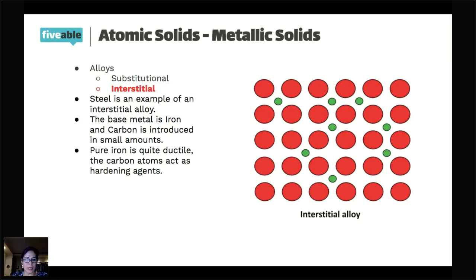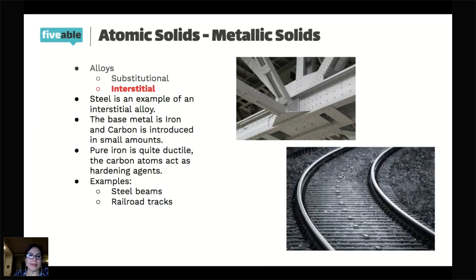But by introducing carbon into this iron, it increases its hardness. It's not as malleable, so it increases the hardness. And it is used, for example, in steel beams when what you want is strength, because you want it to support a lot of weight.